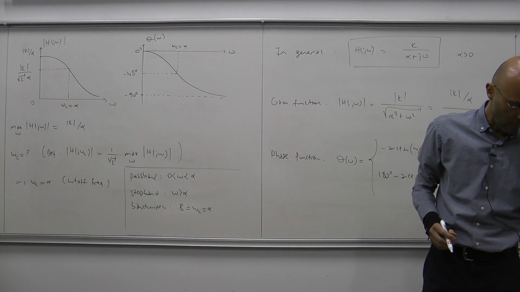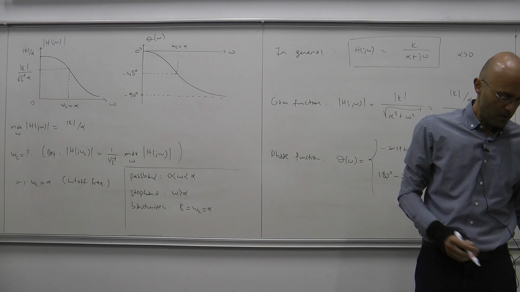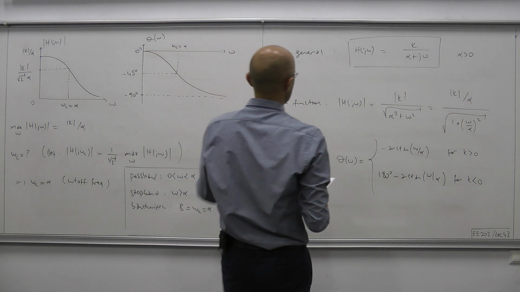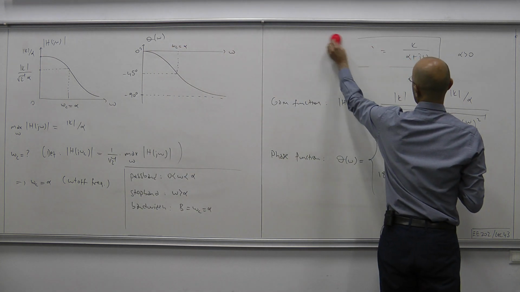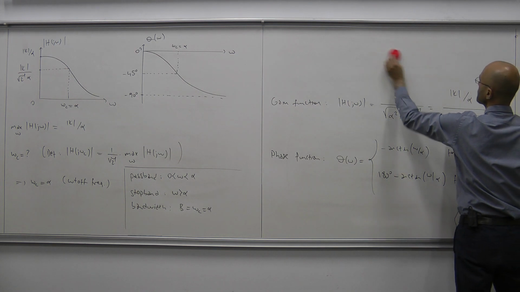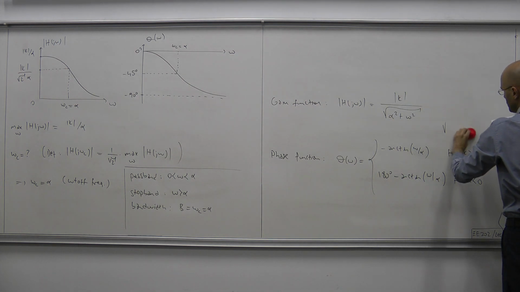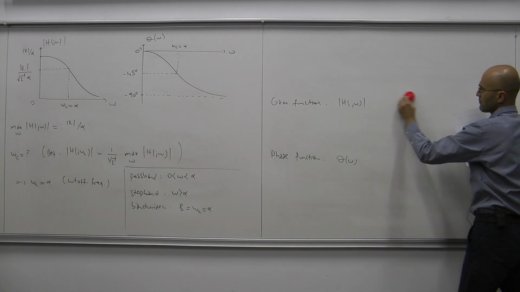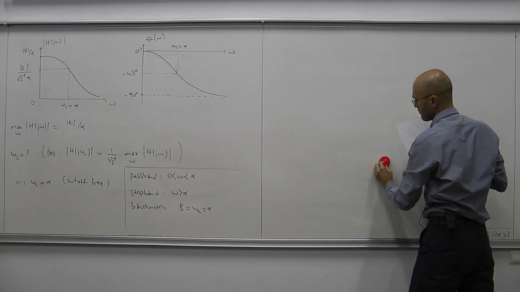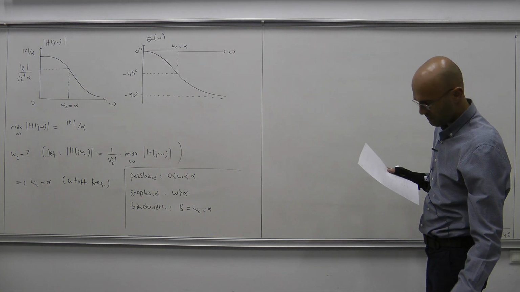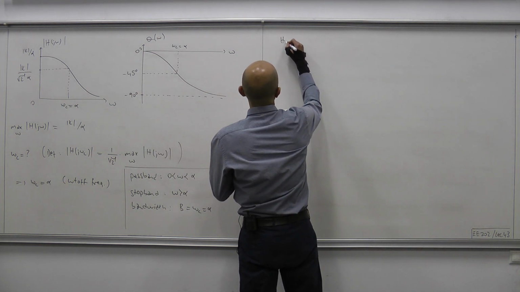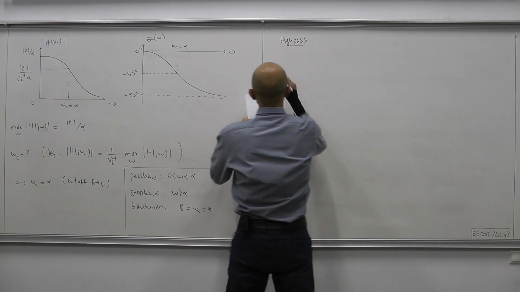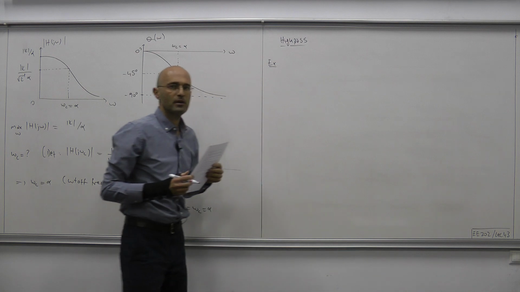Okay, now let's talk about the other possibility that can be achieved by a simple first order circuit, namely the high pass characteristics. Okay, as before, let's start with a simple example.